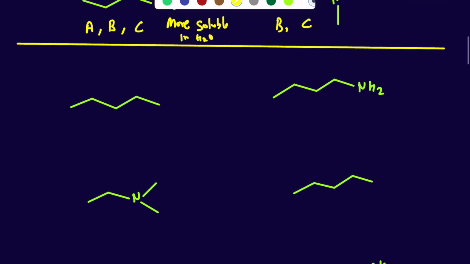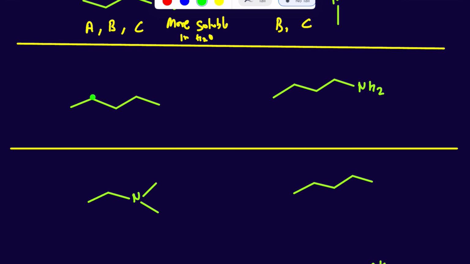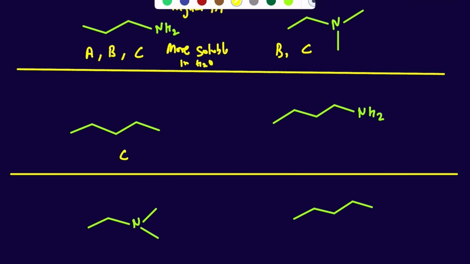Let's look at this next one here. So suppose I got the left one, all I really have is just the carbon-carbon bonds and the carbon-hydrogen bonds. So this is only going to be making dispersion forces. So I'll say C. And then on the right side, I do have an NH there. I got a carbon-nitrogen there, and I got obviously the dispersion forces because I got carbon-carbon bonds and carbon-hydrogen bonds.